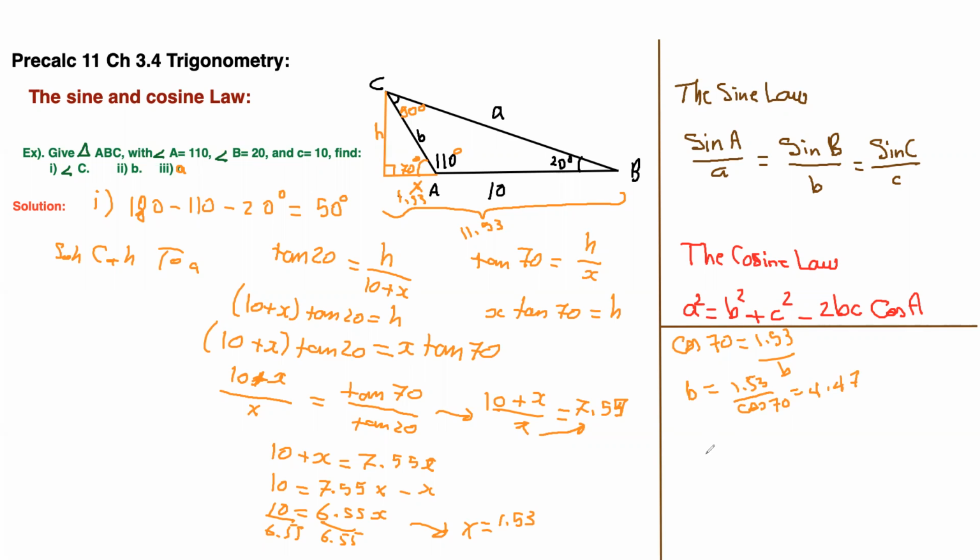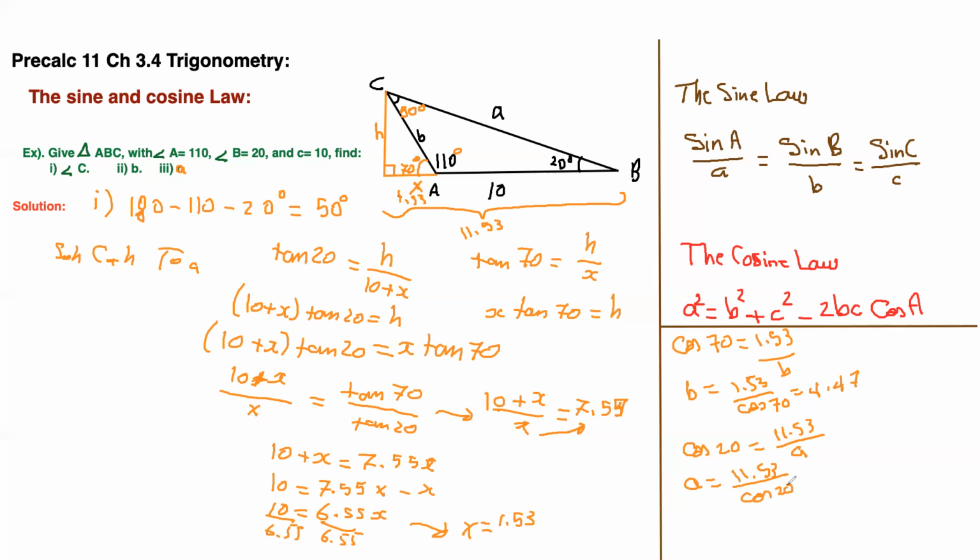And then to find A, I'm gonna go cos 20 equals adjacent, which is now, we're looking at this big triangle right here, and the adjacent is 11.53 all over the hypotenuse is A. So if you look at this big triangle right here, the hypotenuse is A, and therefore A equals 11.53 divided by cos 20.